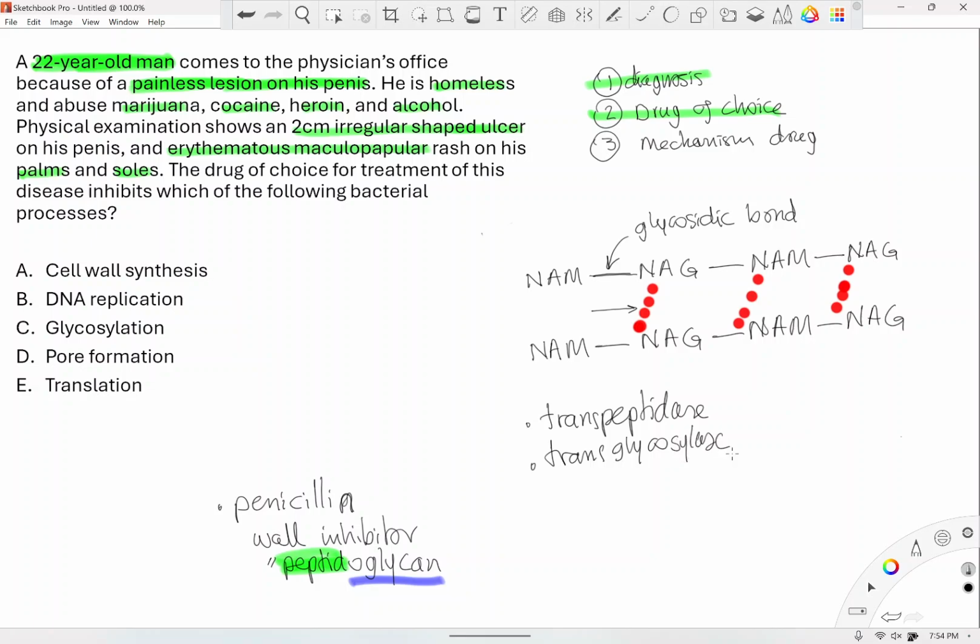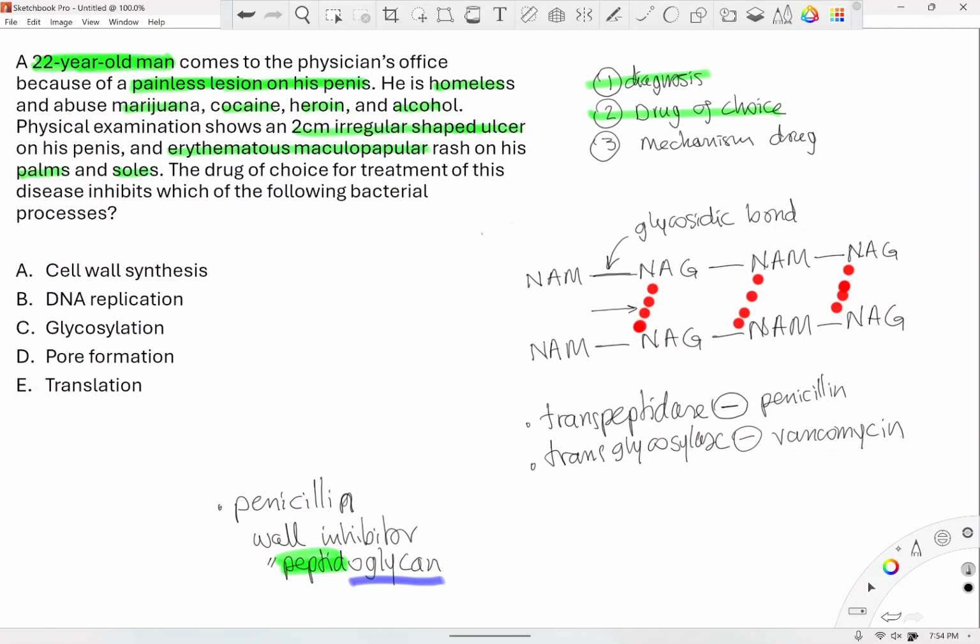You can check. Penicillin inhibits the transpeptidase. All penicillins and cephalosporins inhibit transpeptidase. They're also called penicillin binding proteins. Transglycosylase is inhibited by vancomycin.